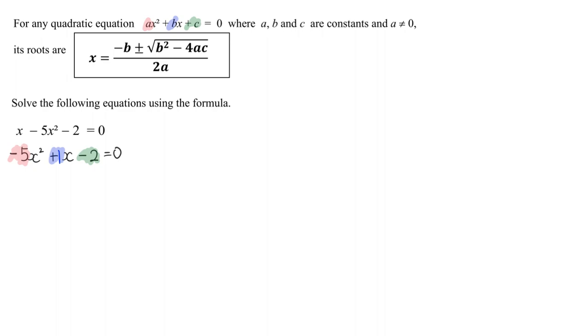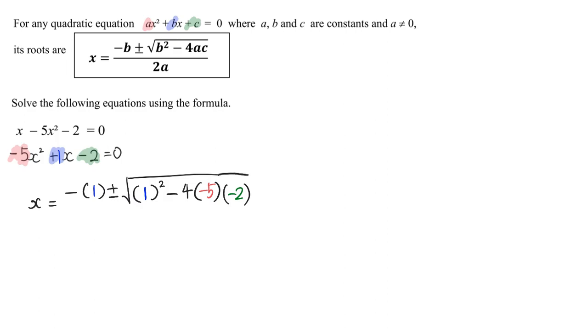And so, I'm able to now substitute the correct values into the formula. So x will be equals to negative b, which is positive 1, plus minus the square root of b square, in this case is 1 square, minus 4, the a is negative 5, and the c is negative 2, over 2a, where a is negative 5.